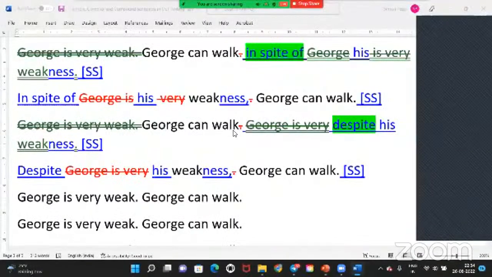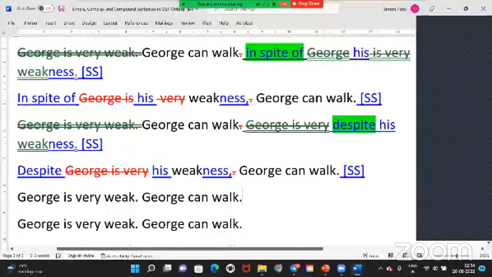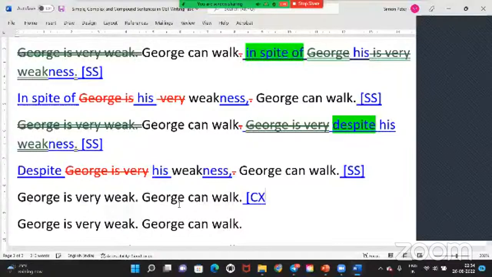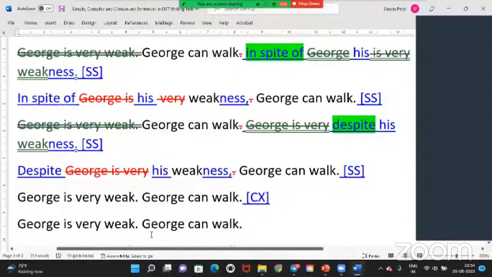Now next, this is a complex sentence. I'm changing into complex. CX, complex. George is very weak. George can walk. So this one again, I will take this backwards.